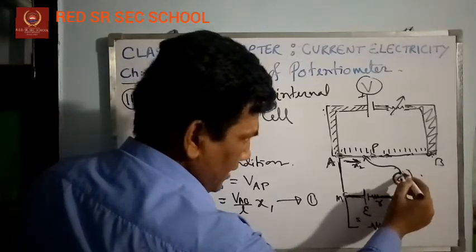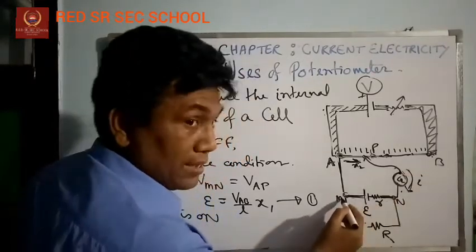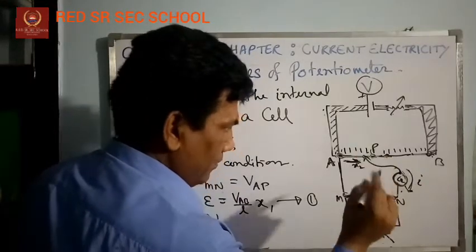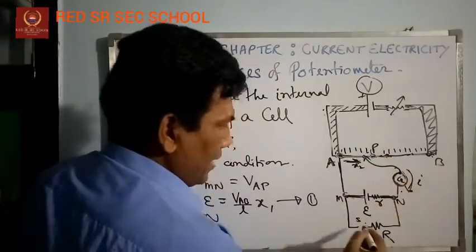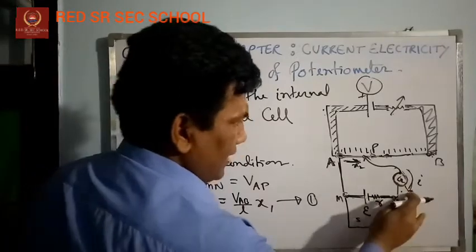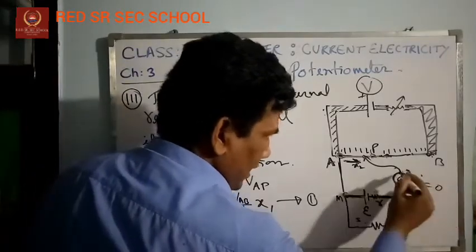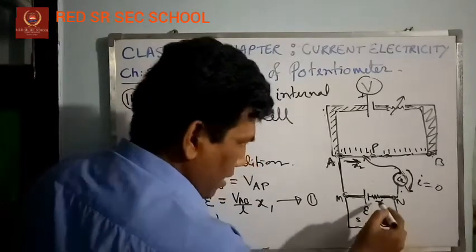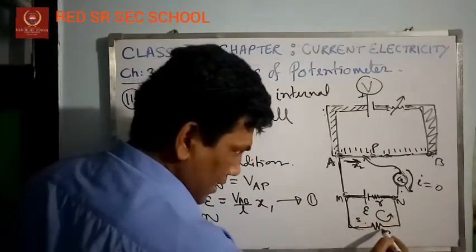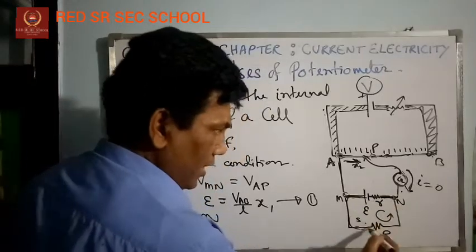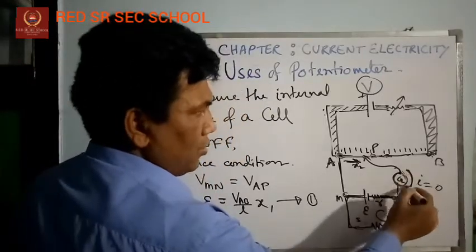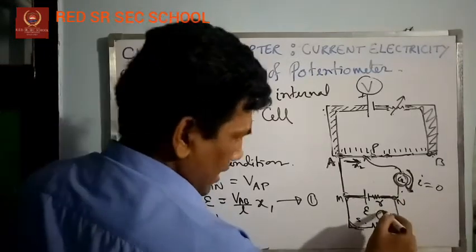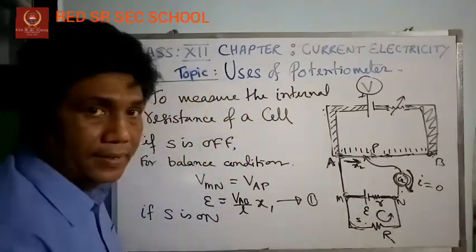But now you see, in this case current is not there in the galvanometer, but this circuit is working. From the cell to the external resistance, this circuit is working. Though there is no current in the galvanometer, current is there in the other circuit. Are you getting my point? This is very important.